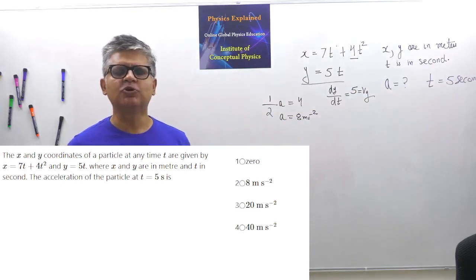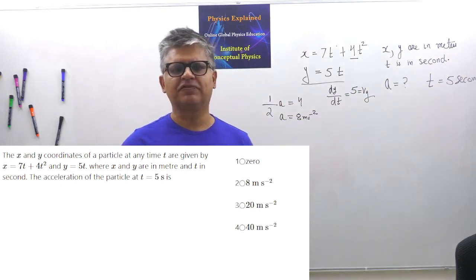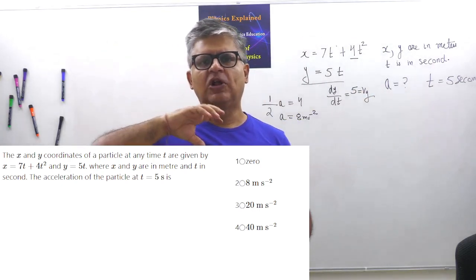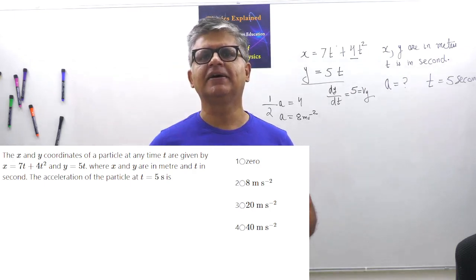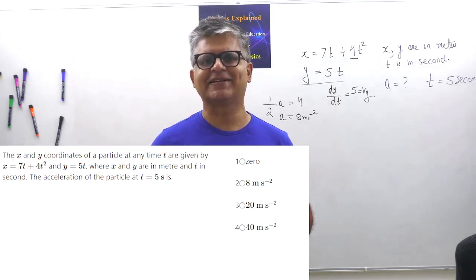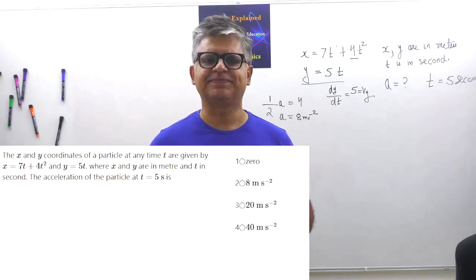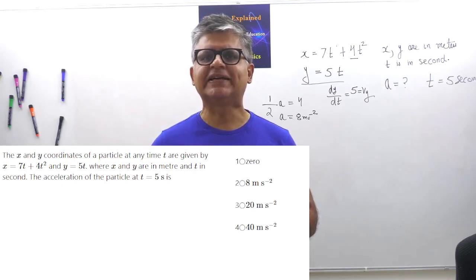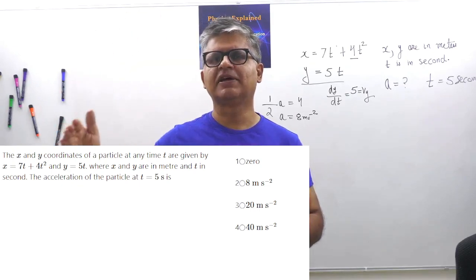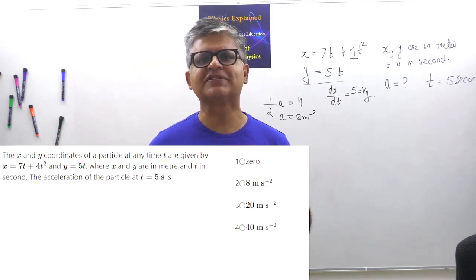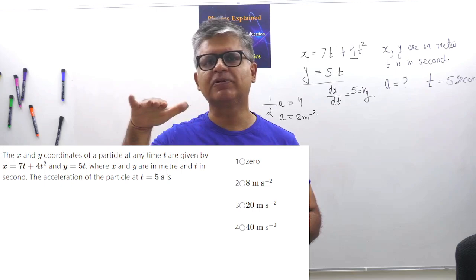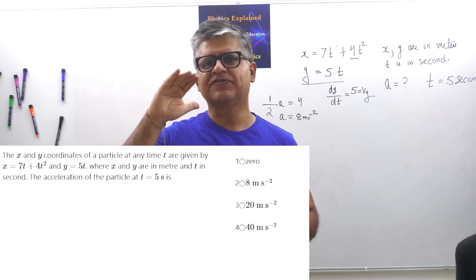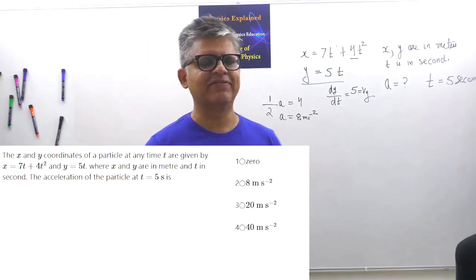In fact, the motion of the body is a combination of the uniform velocity in y and uniform acceleration in x-axis. It's very similar to a projectile kind of motion, right? Under the influence of gravity. The only difference is there the x-axis velocity component is fixed, and the y-axis is gravity, right?